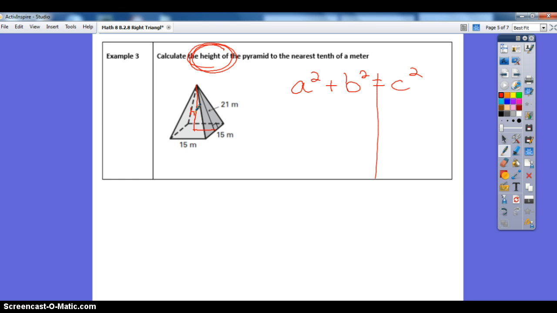So what do I have here? From the inside out, now I'm using this triangle. Here's my right angle. Do I have my C? Right here, yes. And I have either my A or my B. What do you want the 15 to be?